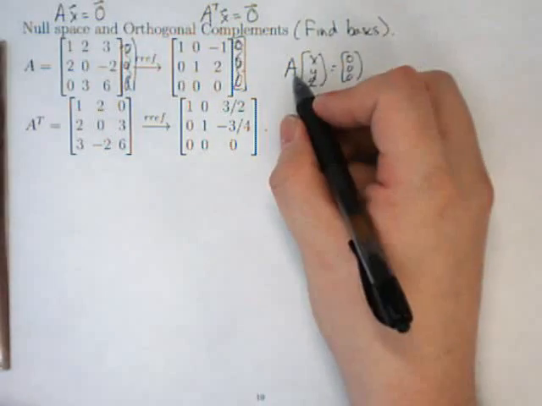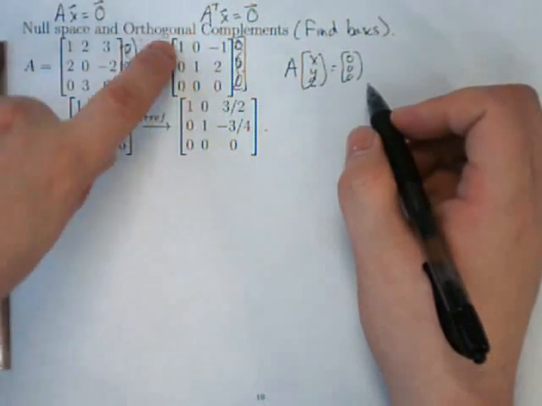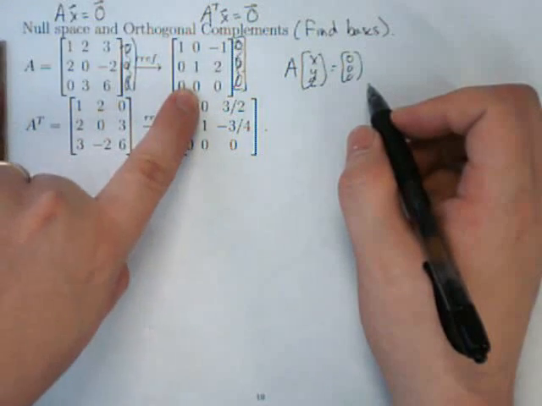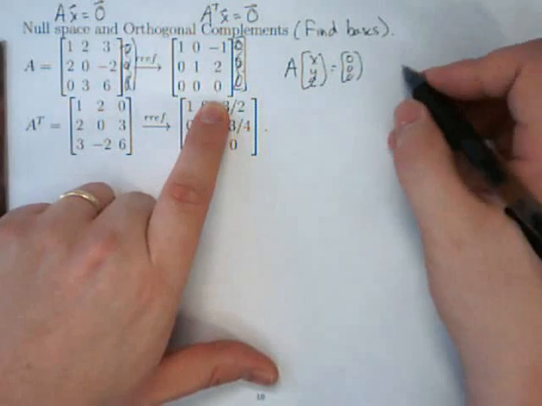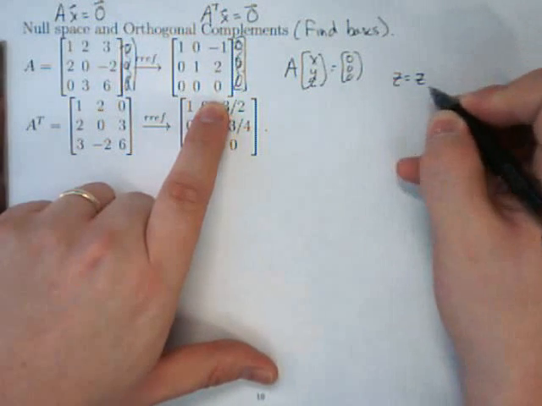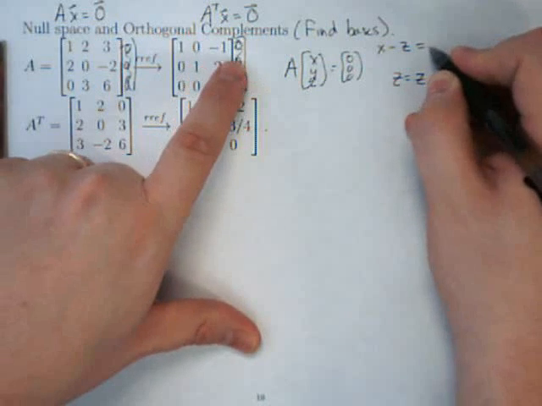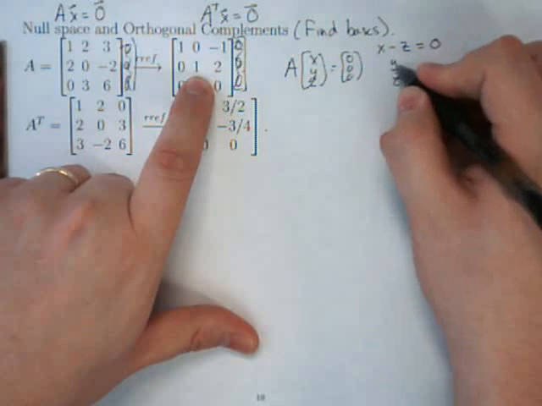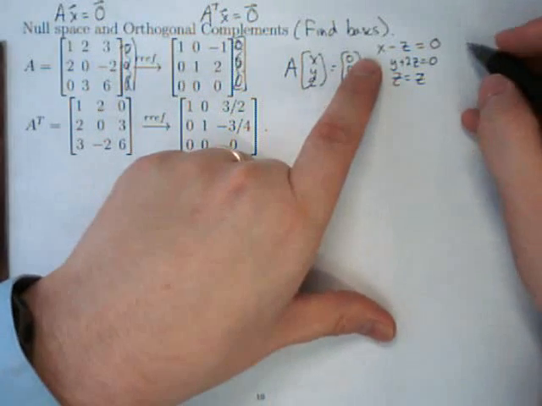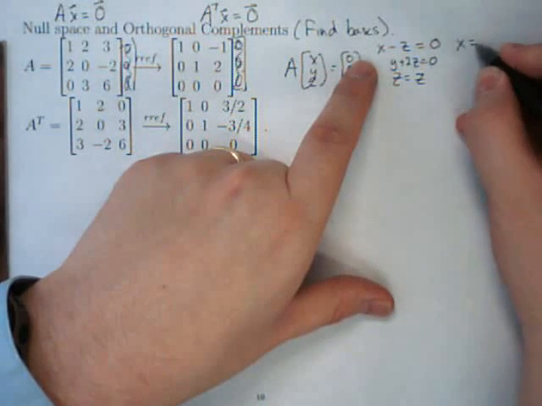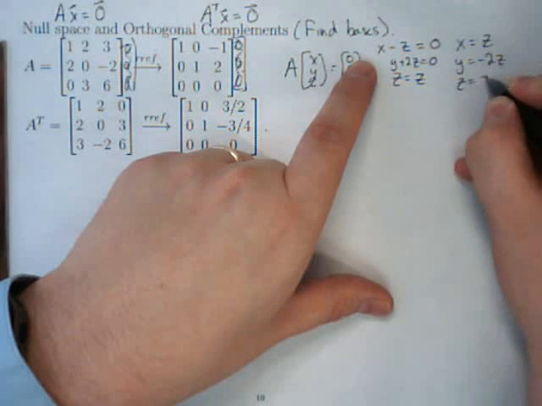When we look over here, we notice that x and y are basic variables. In the z column there's no pivot, so z is a free variable. I can rewrite this as x minus z equals 0 and y plus 2z equals 0. Solving for each variable in terms of z, I get x is z, y is negative 2z, and z is z.